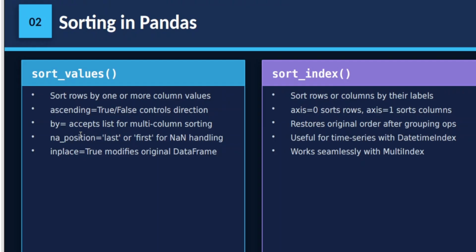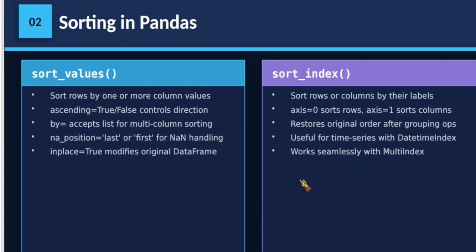Okay, inplace equals true, you have seen it in previous videos. If you pass inplace equals true, it modifies your original dataset, and if you do not pass it, it creates a copy of the dataset. So this is the thing.